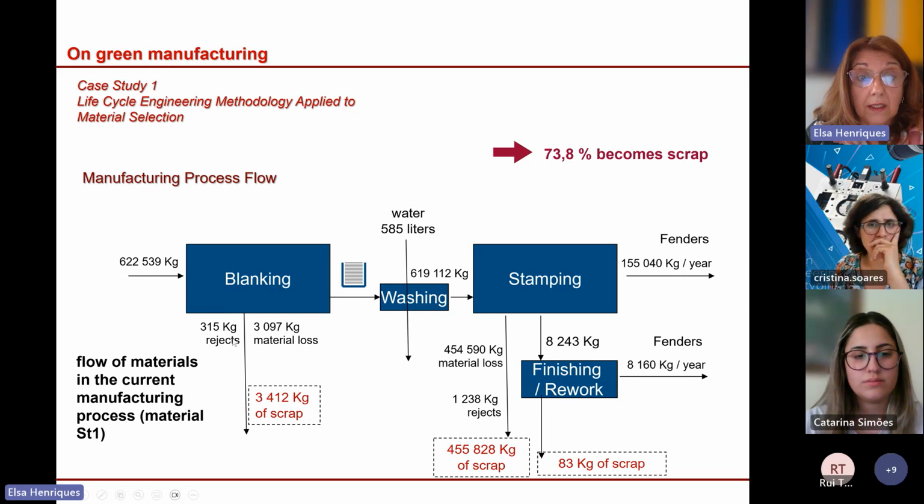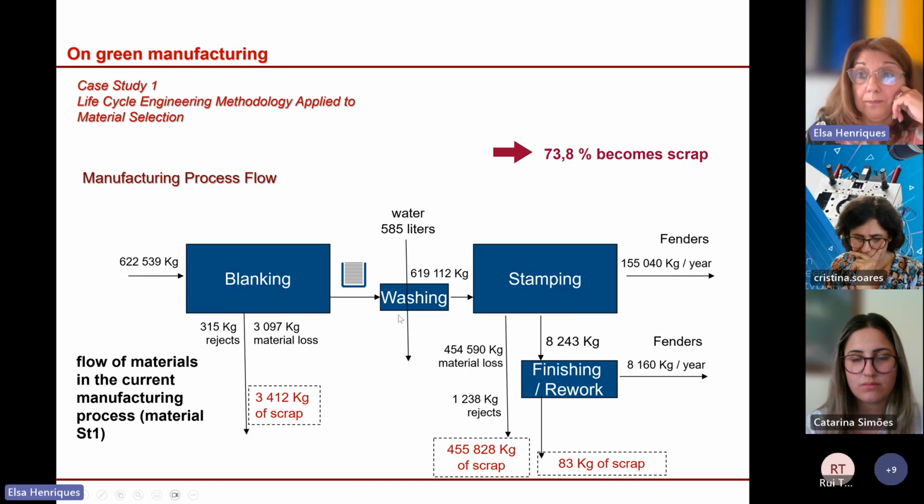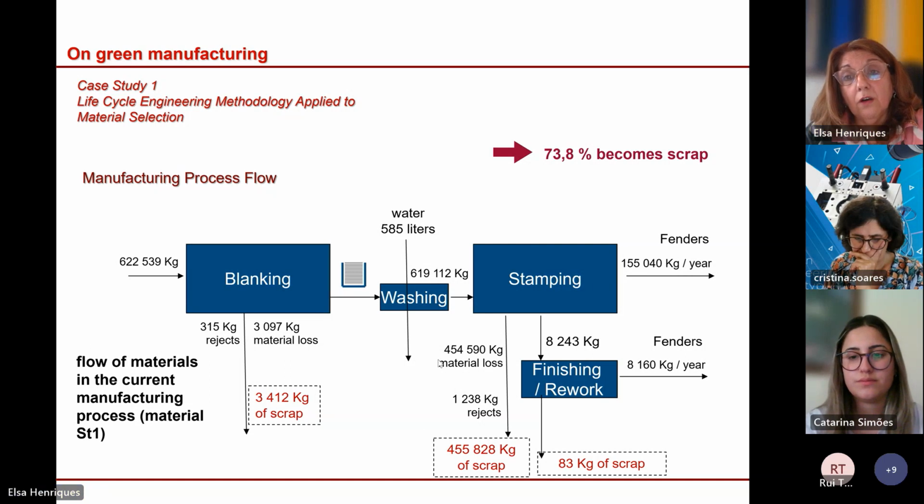In the blanking step, I have almost 3 tons of scrap. Okay, but most of the scrap arises from the stamping process, and it's not because of the rejection.